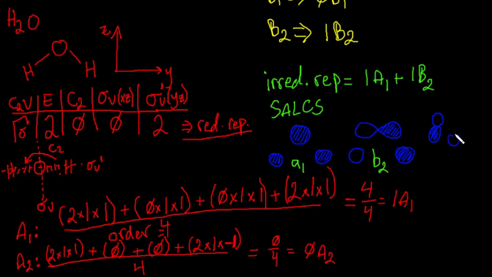And if we add the s orbitals for hydrogen, we would realize that there would be no net effective overlap, which means that if we actually look from the side here, we would be seeing that, so let's say the x-axis is coming this way.